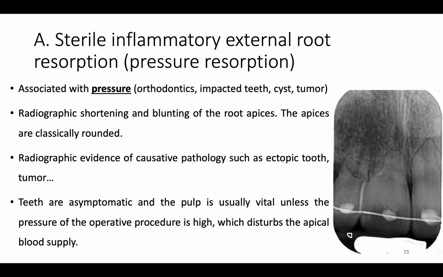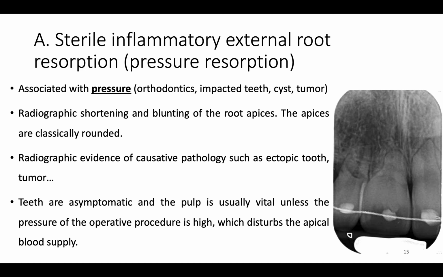You will see shortening or blunting of the root apices, so the apex of the tooth will be rounded and blunt. You will see radiographic evidence of the causative pathology, for example, an ectopic tooth or a tumor or a cyst. The teeth will be asymptomatic, and usually the teeth are vital.